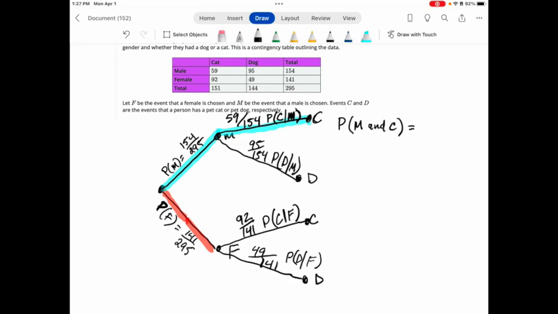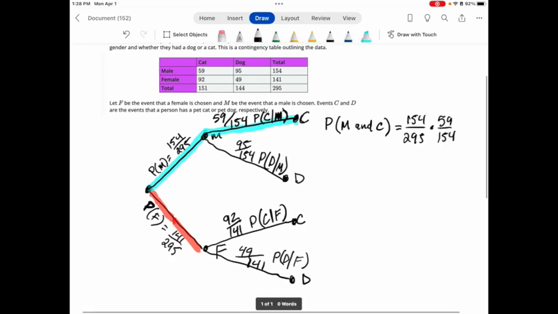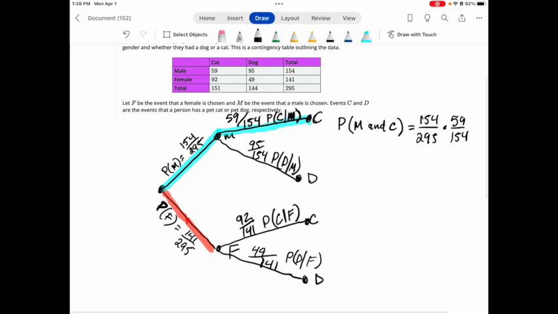I just multiplied down the branches. So the first branch would be 154 over 295. And then I multiply by the second branch, which would be 59 over 154. And when I put that in a decimal format, we get 0.2.